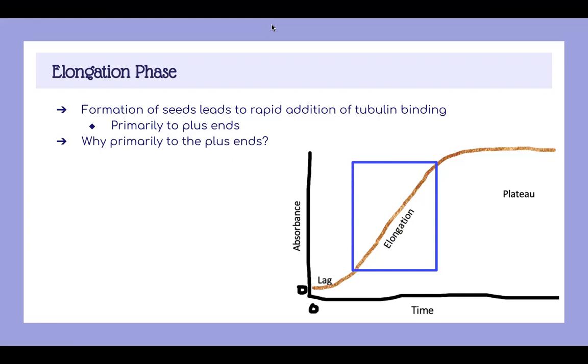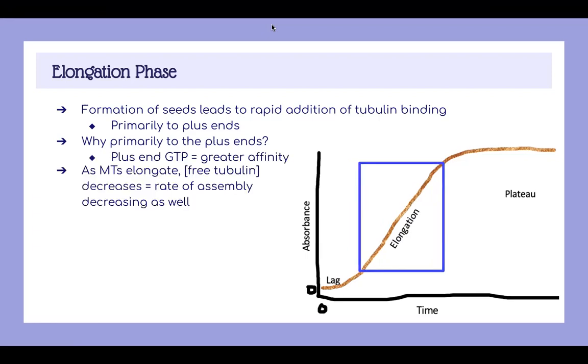If you were in a real cell, then the minus end being embedded would be valid. But technically, because it's in a test tube, there's no centrosome or anything like that it's embedded into. So theoretically, you can have polymerization and depolymerization on both ends, but the plus end has a greater affinity for GTP.